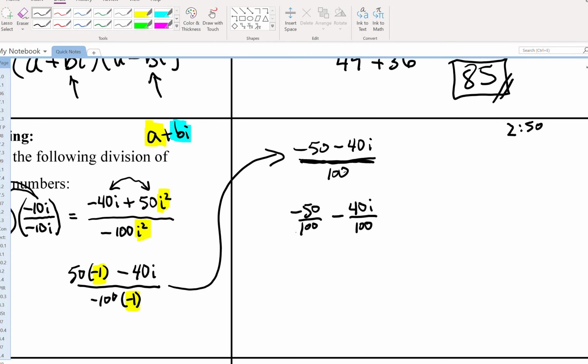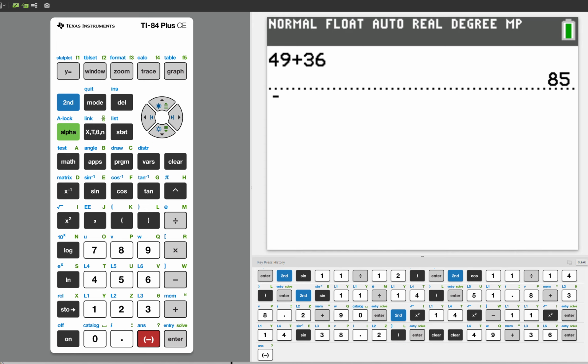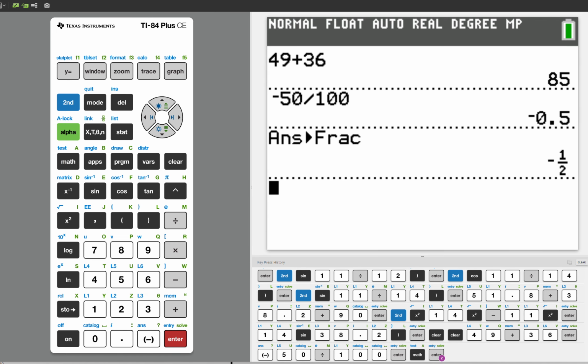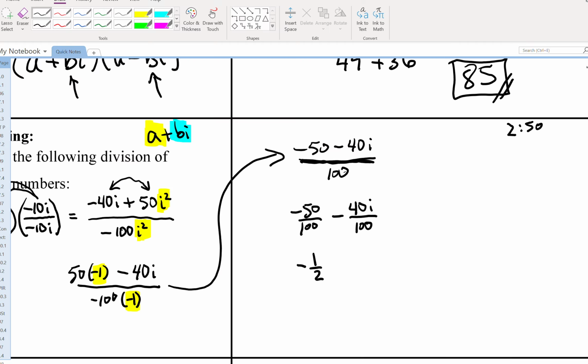You know that negative 50 divided by 100 is negative 1/2. But you can show that in a calculator. If I put negative 50 and I divide it by 100, it gives me negative 0.5. But then if I hit math, enter, it gives it back as a simplified fraction. So negative 1/2.